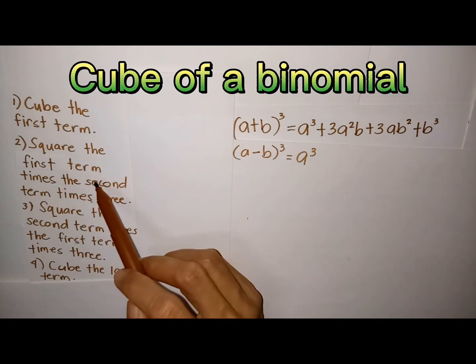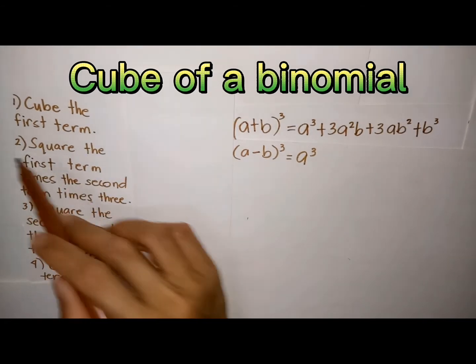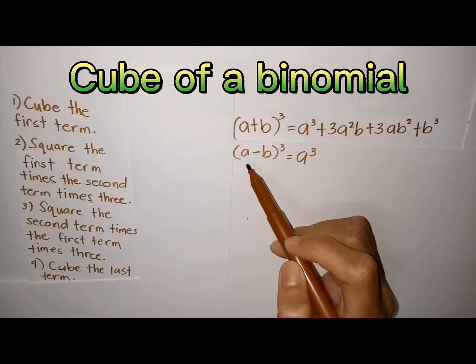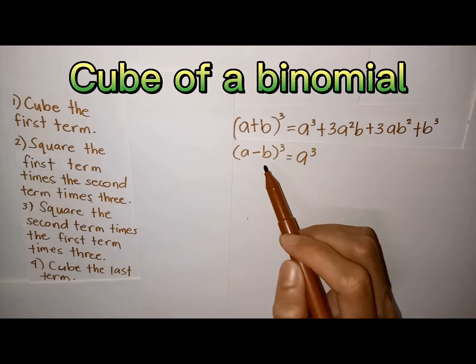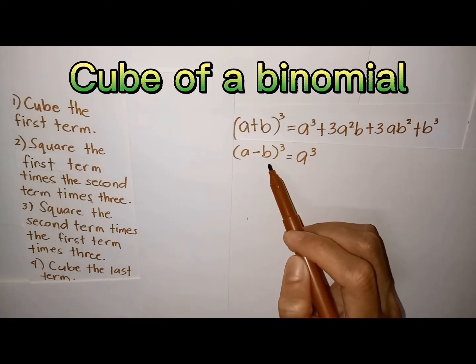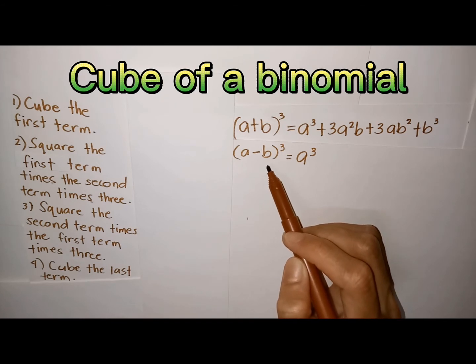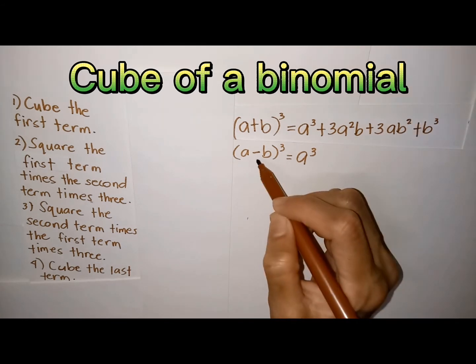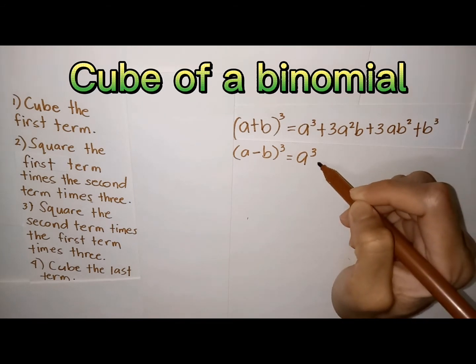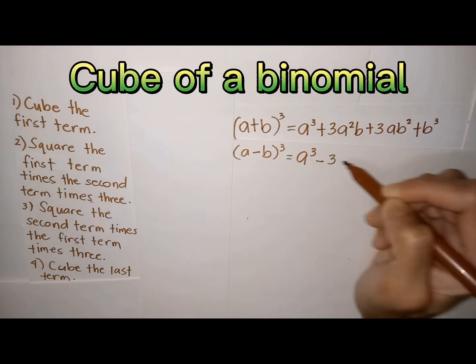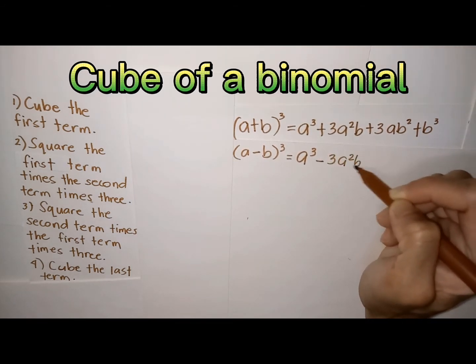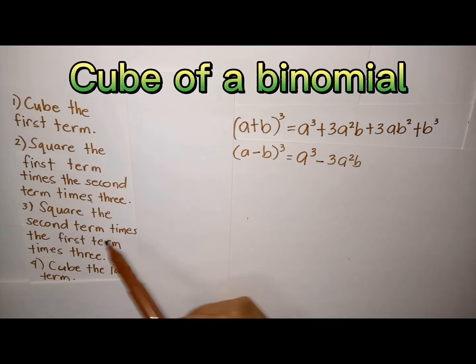Then square the first term. For the second step, a squared times the second term. So we have negative b for the second term. So a squared times negative b times 3. Since this is negative, we will have here negative 3a squared b.